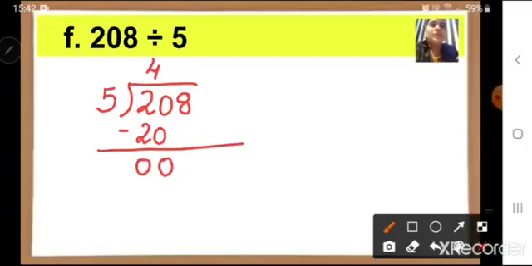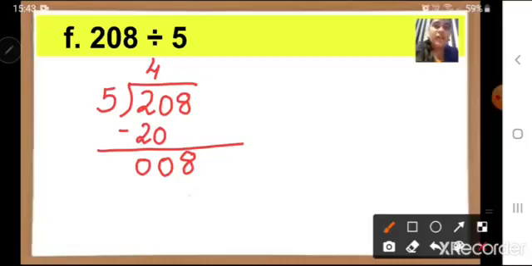Correct? Next step is to take the next number from the dividend down, which is number 8. So number 8 will come here. Okay. Now it is only one digit, number 8. Okay. That also we have to divide. Now see in 5's table when 8 will go. 8 will not go in 5's table.